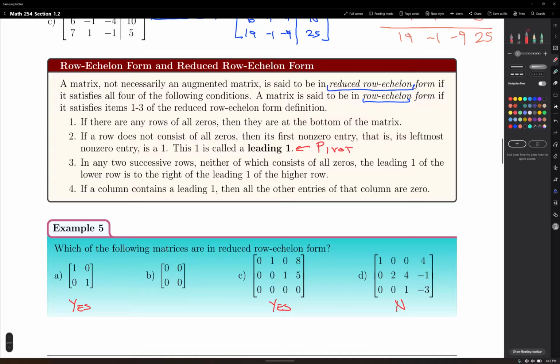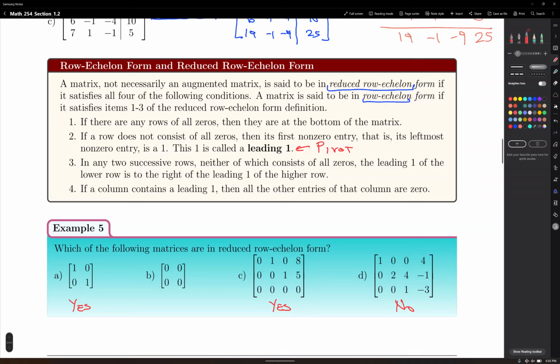So, okay, what about the zero matrix, the matrix of all zeros? Is it in RREF or not? That's an interesting one. Yes, the rows of all zeros, good. Okay, here's the tricky part.